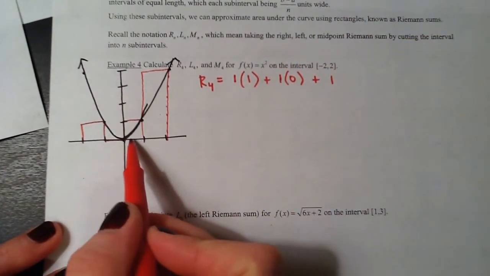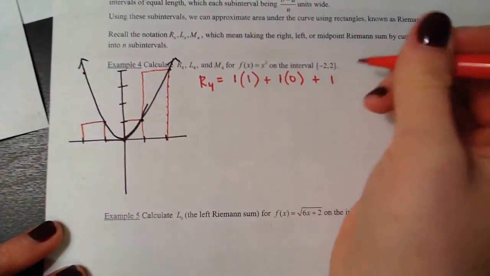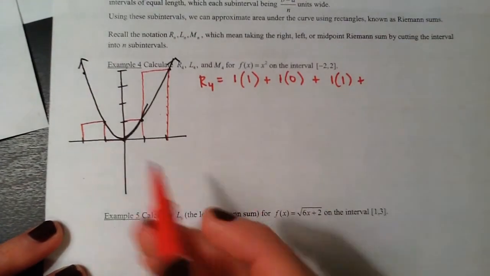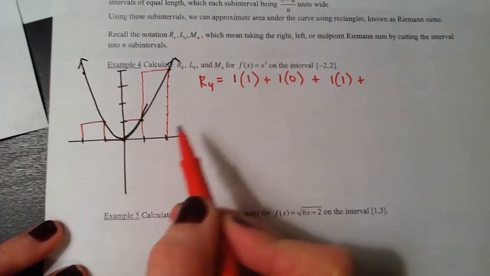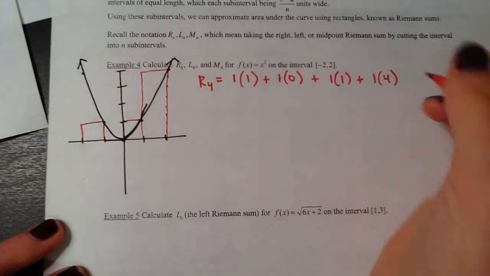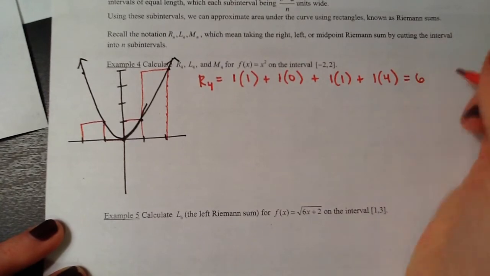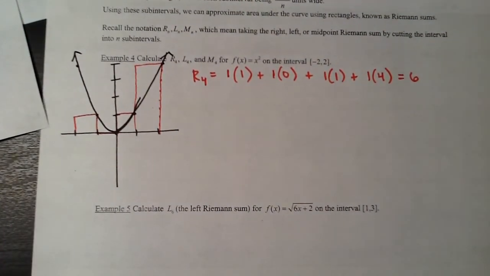Plus, this third rectangle has another width of 1. This one has a height of 1. So another 1 by 1. Plus, and then finally, this last one has another width of 1, and this rectangle has a height of 4. So we've got 1 plus 0 plus 1 plus 4, so that is 6. Now there are typically no units here. We might see an example in the future where there are units, but for now, nothing.